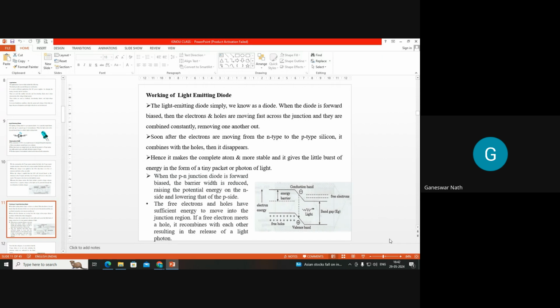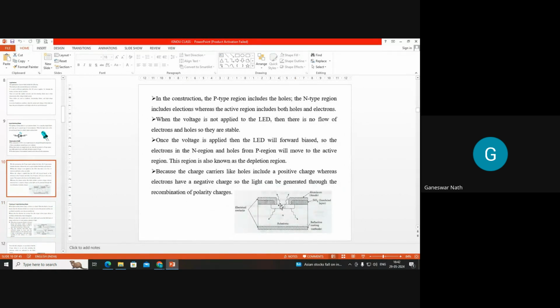So when the electrons jump from the p-type region to the n-type region, the holes and electrons recombine within the region. During the recombination, some of the energy is converted into heat energy.